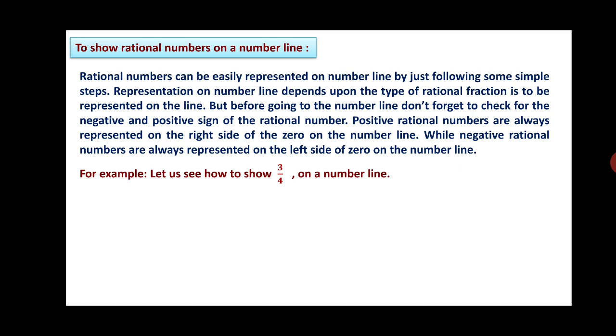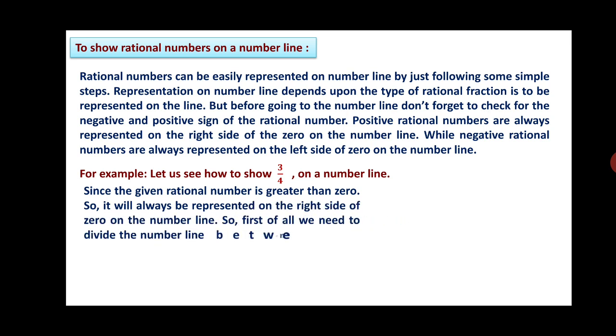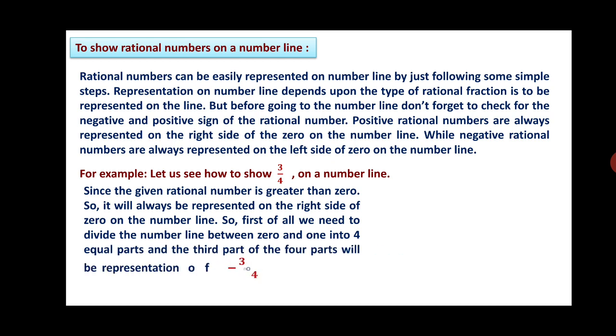So let us take an example of how to show 3 by 4 on a number line. Friends, since the given rational number, 3 by 4, is greater than 0, it will be represented on the right side of 0 on the number line. First of all, we need to divide the number line between 0 and 1 into 4 equal parts, and the third part of the 4 parts will represent 3 by 4.